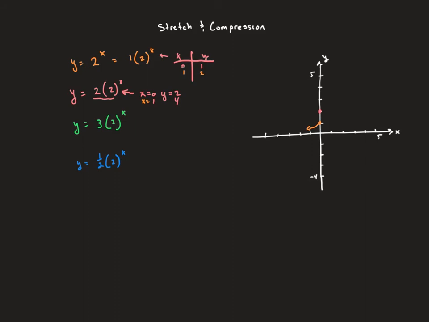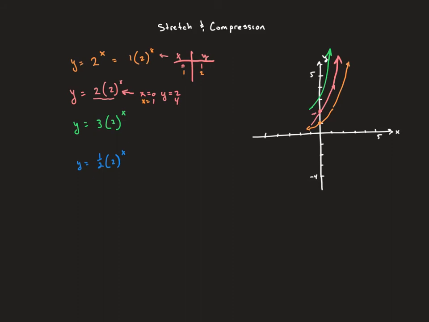So we have 1 and 2, and then we have 2 and 4 right there. Then we have 1 and 4. And then we have green, where we keep getting stretched, faster moving, stretching upwards.